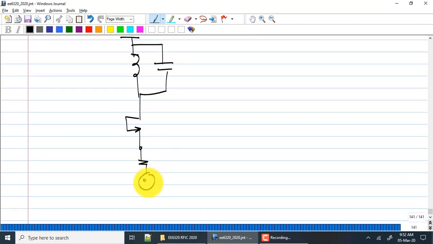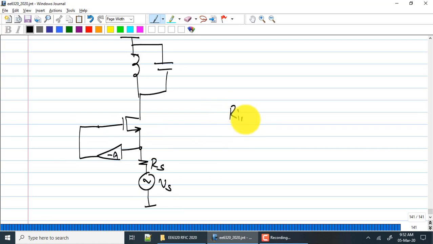The things you have to remember are that you are now trying to explicitly input match the LNA, not just try to achieve very low input impedance. So Rin is basically 1 over (A plus 1) times Gm.